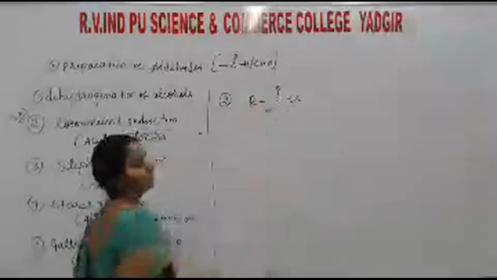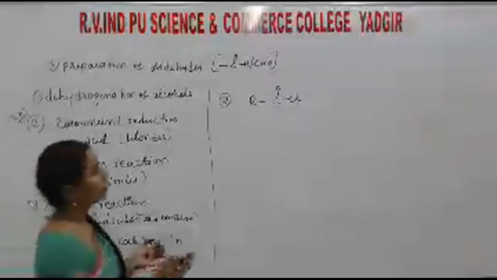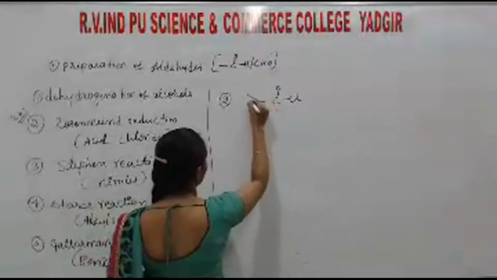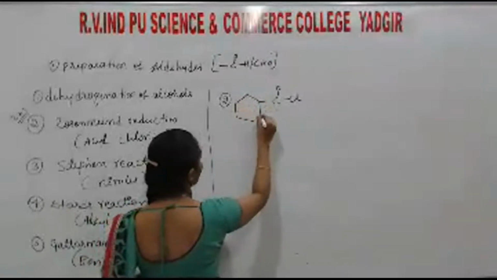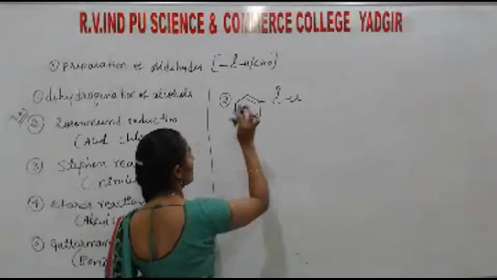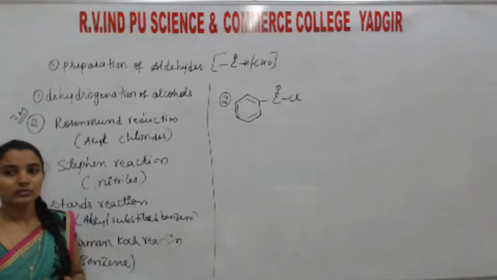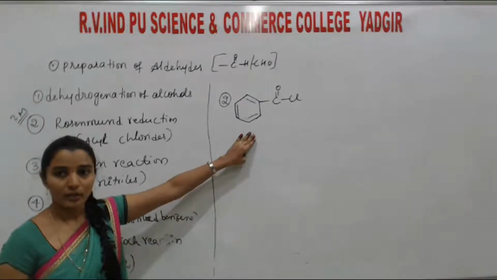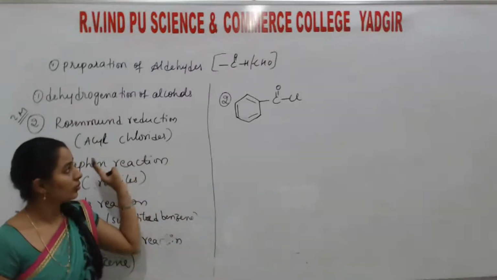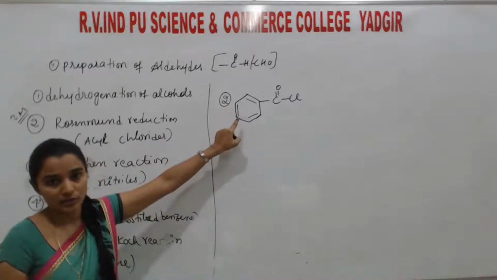RCOCl. This R group, especially, you take as benzoyl, because for Rosenmund reduction you particularly conduct the experiment on benzoyl chloride. You can take R here, but as it is the Rosenmund reaction, we conduct the experiment only with this reagent.